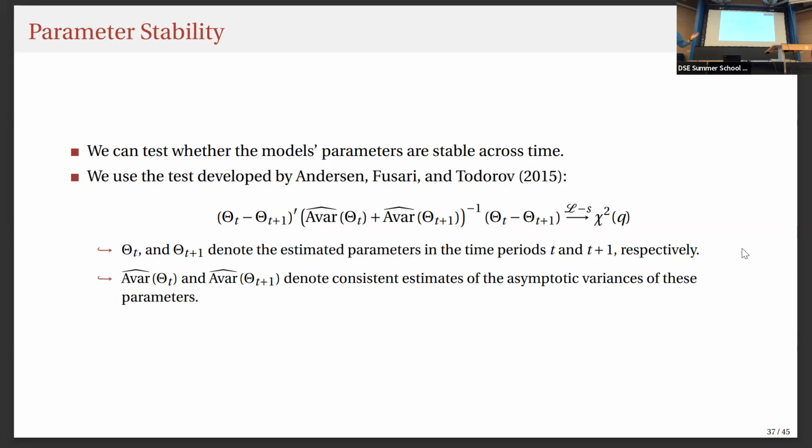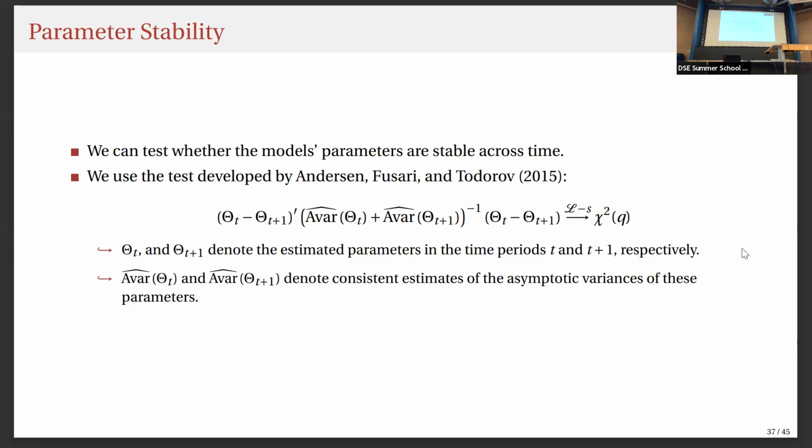This is a way to systematically document just how bad this problem is. We estimate these parameters day by day, or at whatever frequency, and then you can generate a pretty standard chi-square test to see if the parameters from one period to another are statistically significantly different.